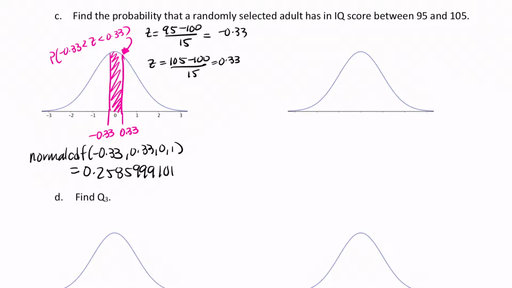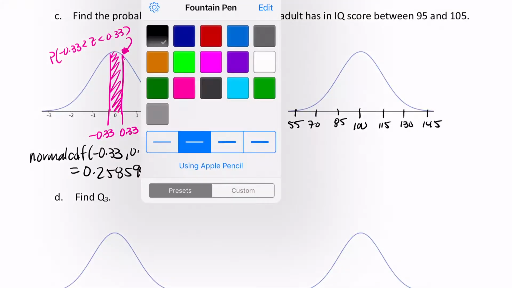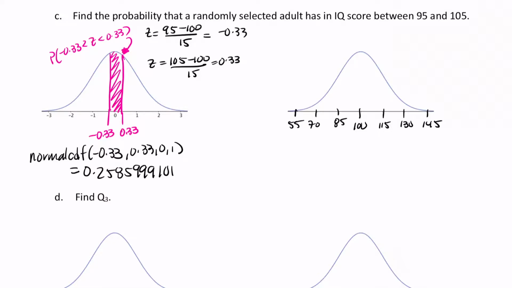Now we can do this without converting to z-scores first. I'm interested in IQ scores between 95 and 105.